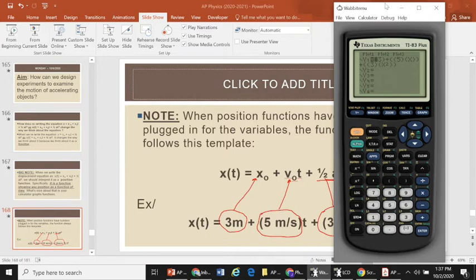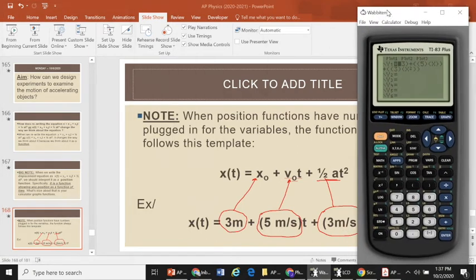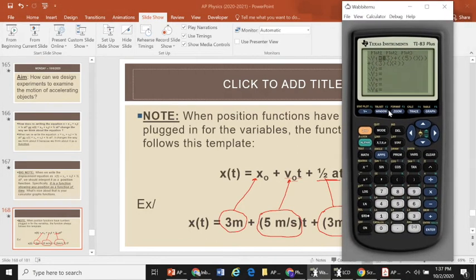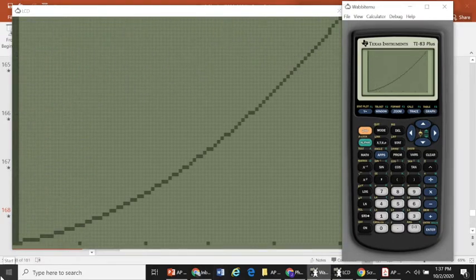And then the number that's multiplied by the t squared, or the x squared in your calculator, is 1/2 the acceleration. And so notice here that we can graph this and get it to look nice. That's a nice looking graph. So we automatically now have a position versus time graph just by knowing those variables and graphing that function.